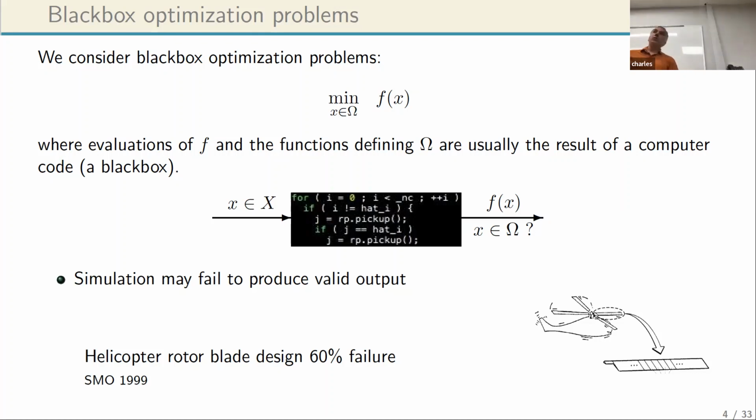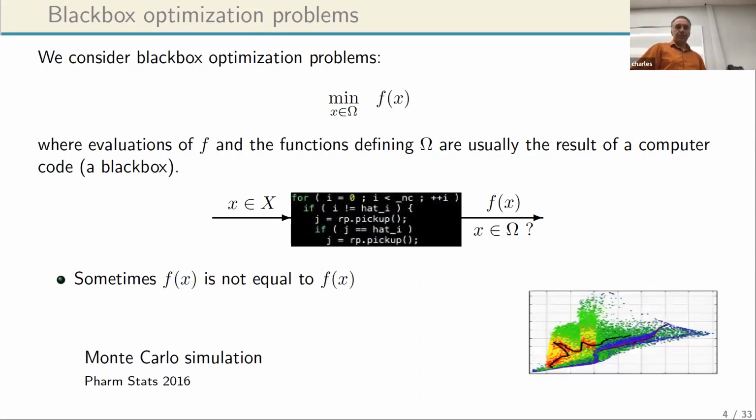And optimization, what it does is it tries to find the best solution. So it pokes around in the space of variables to find good configurations, and it explores some regions that are banned by the problem itself, leading to errors. So 60% of failure is not surprising in some situations.